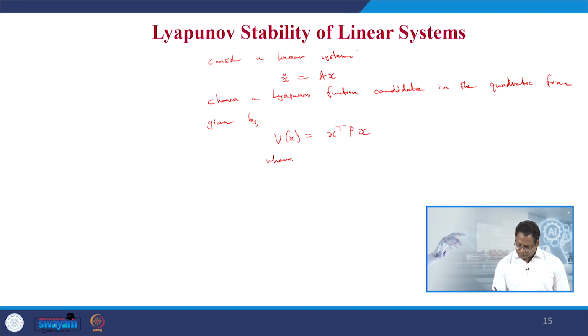where P is a symmetric positive definite matrix.